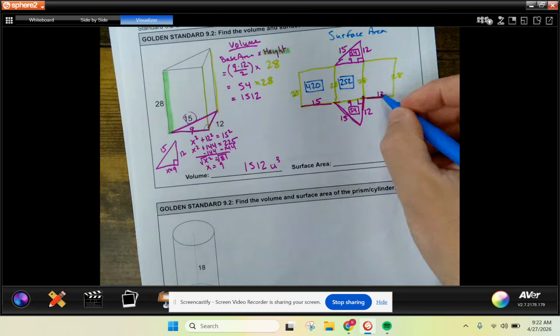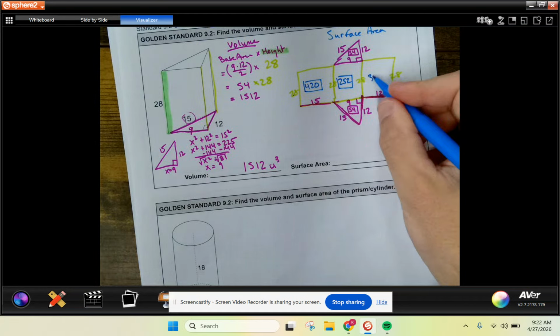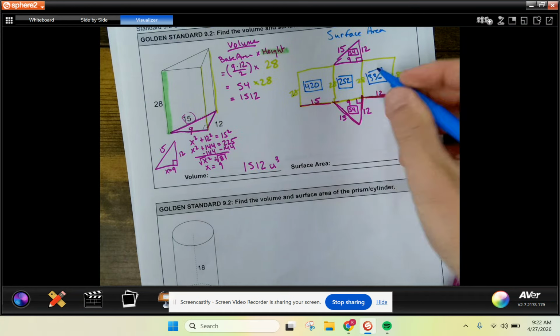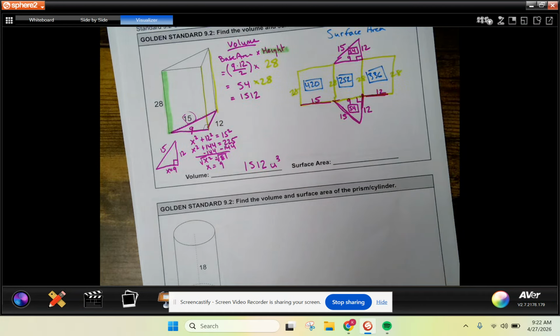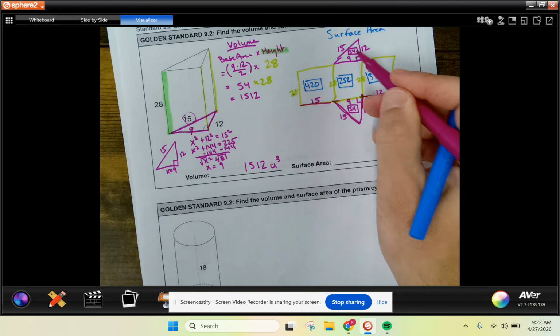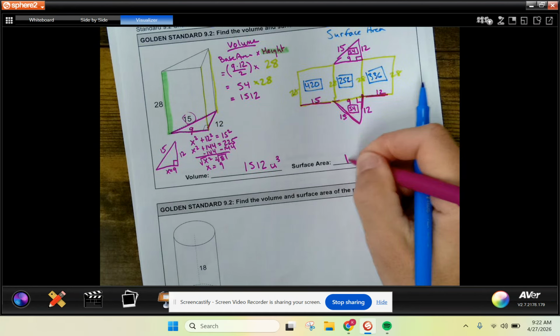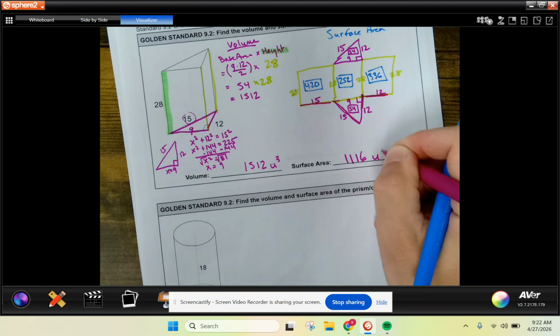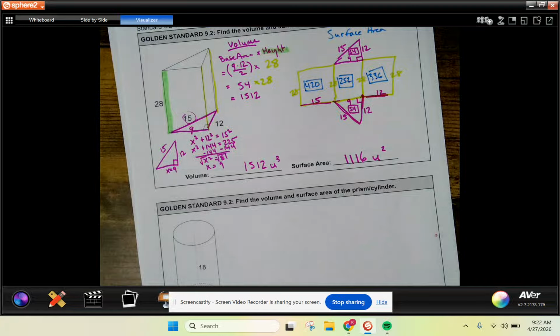And 12 times 28 is 336. To find our surface area, we add those all up. 420 plus 252 plus 336 plus 54 plus 54 to get 1,116 square units. All right, that is a triangular prism.